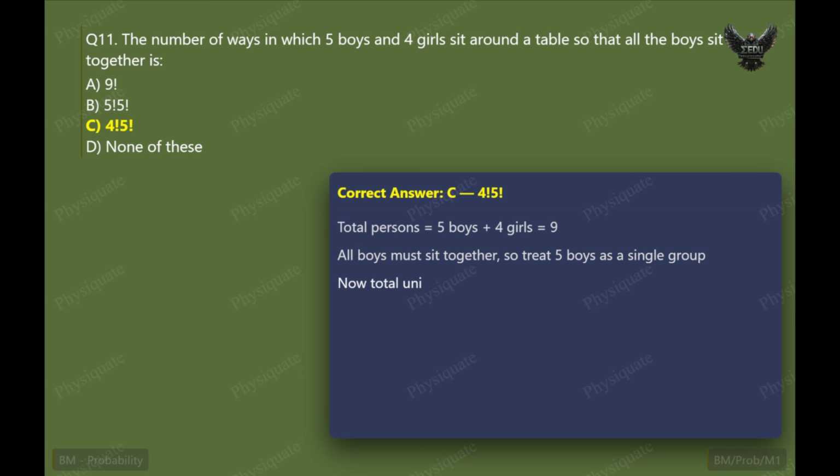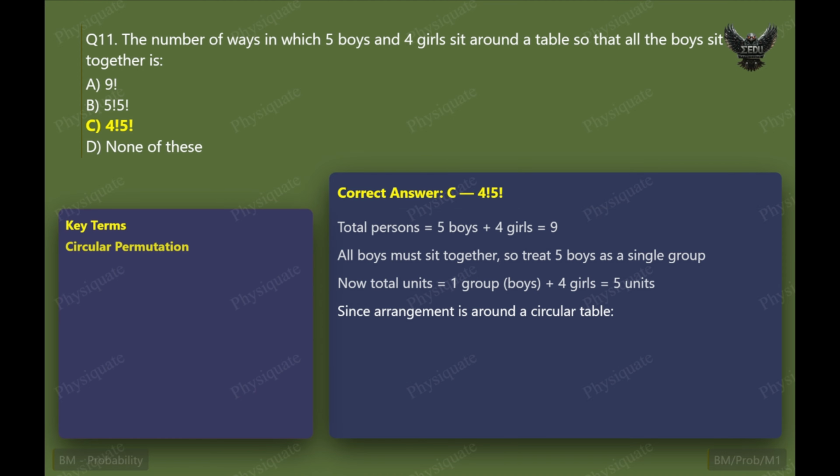Now total units equals 1 group of boys plus 4 girls equals 5 units. Since arrangement is around a circular table, the number of circular arrangements of n objects equals (n-1) factorial.